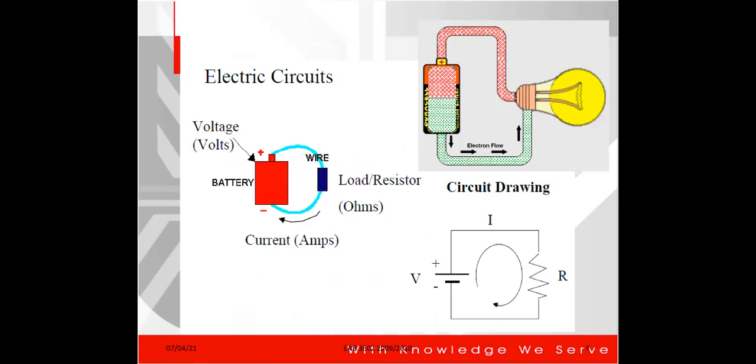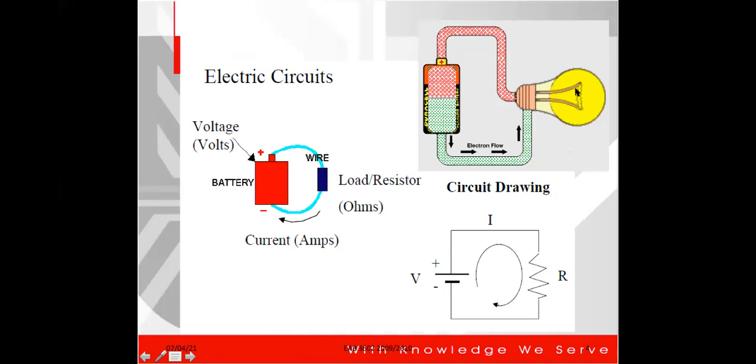If you imagine something very simple, the analogy that I'm showing you here is the electric circuit of your lamp, for example, in your room. If you're using a battery, you have the positive terminal and the negative terminal. From the battery, the electrons basically flow from the negative to the positive terminal.